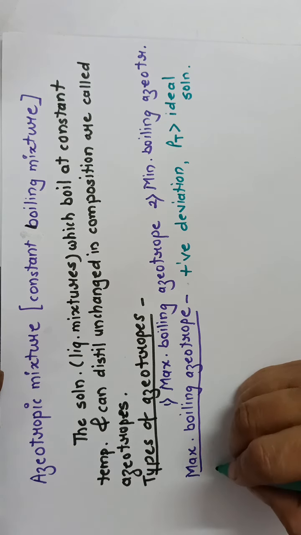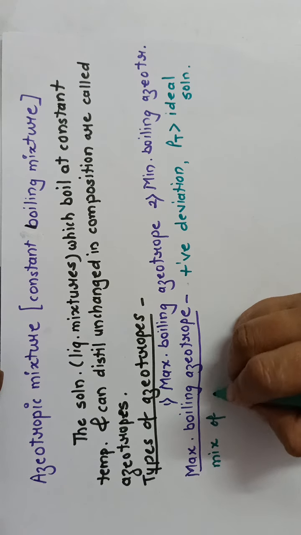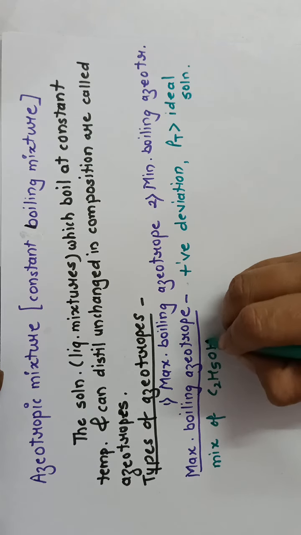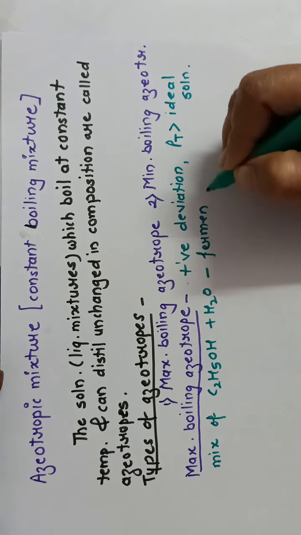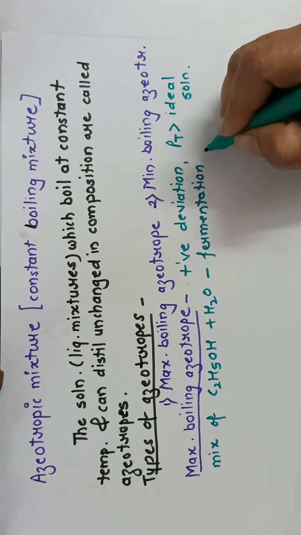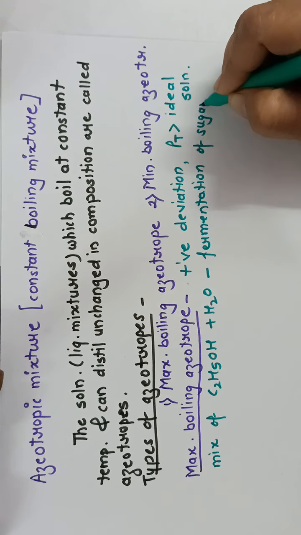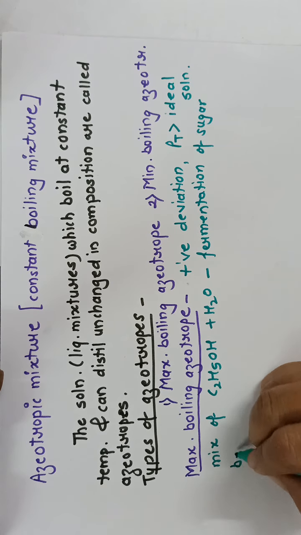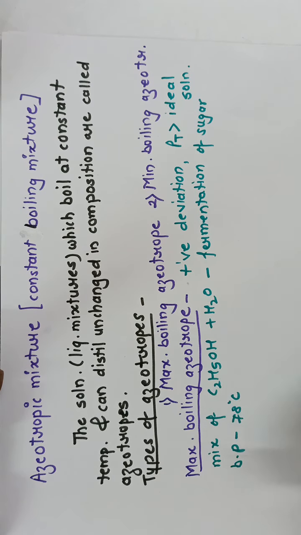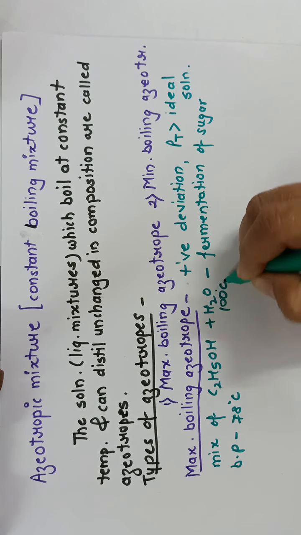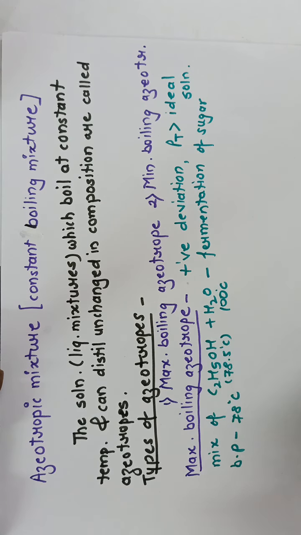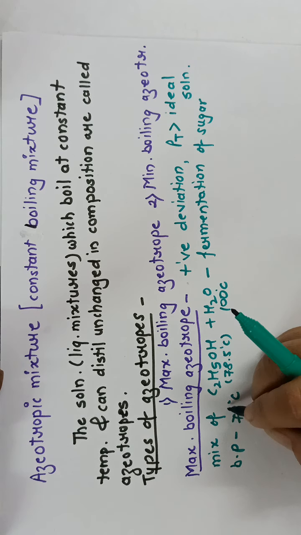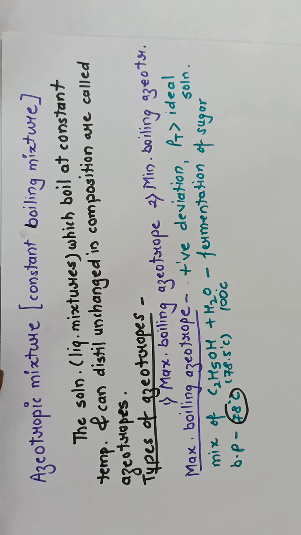For example, the mixture of ethanol and water, the mixture which is obtained from the fermentation of sugar. This mixture boils at 78 degrees Celsius, whereas we know that the boiling point of water is 100 degrees Celsius and that of ethanol is 78.5 degrees Celsius. But the mixture of ethanol and water boils at 78 degrees Celsius.